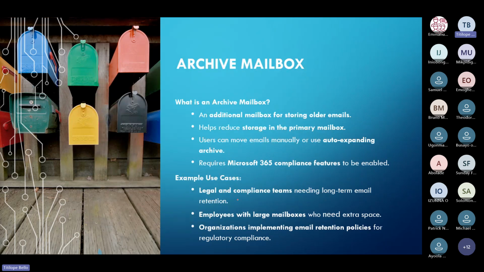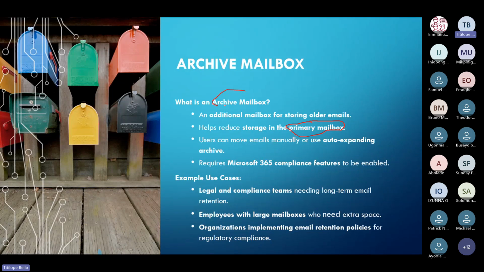So the same way, if we have configured an archiving policy or retention policy and applied it on the mailbox, it will always review the content of the mailbox to know if it has matched the policy created, and it will move the content from the primary mailbox or primary inbox of the user into the archive mailbox.